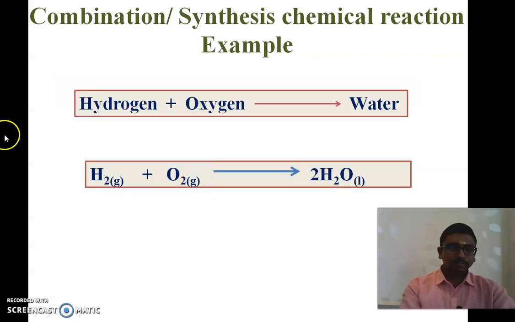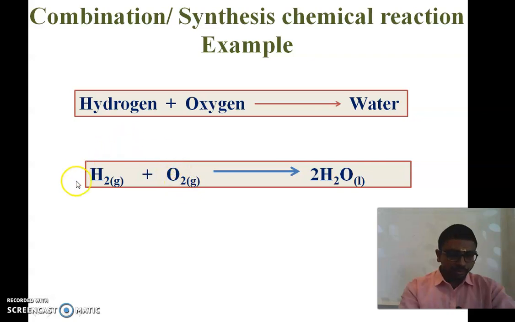And the next example is hydrogen plus oxygen, it will give water. Hydrogen is in the diatomic form, that is hydrogen gas H2, plus oxygen gas, which is also in the diatomic form, that is O2.